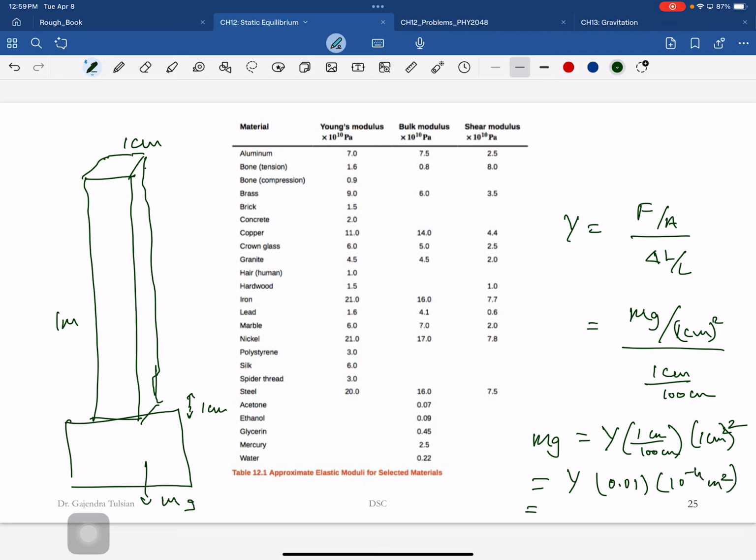So the Young's modulus is 20 times 10 to the 10 pascals, Newton per meter square, times 10 to the minus 6 meters squared. And that's 645 newtons. Well, that is, divide that by 10, that's 20,000 kgs.